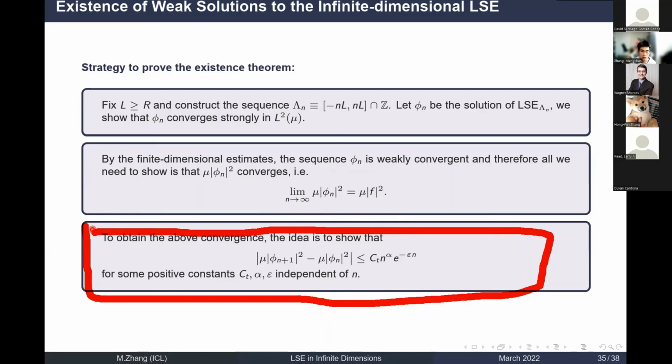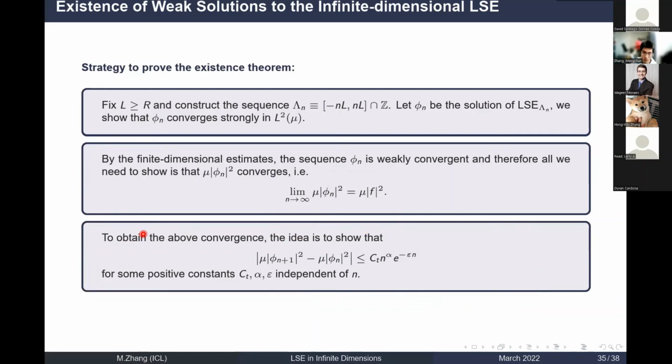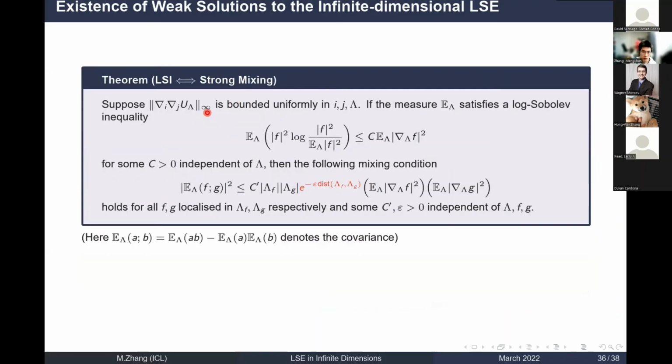And to do this, we will make use of the log Sobolev inequality I showed you before. Recall that we assumed this log Sobolev inequality as our condition 3.